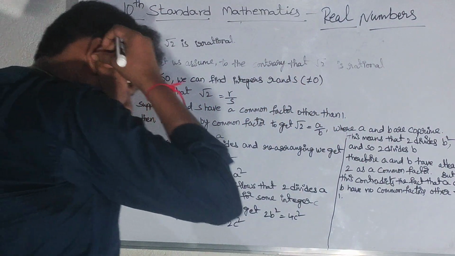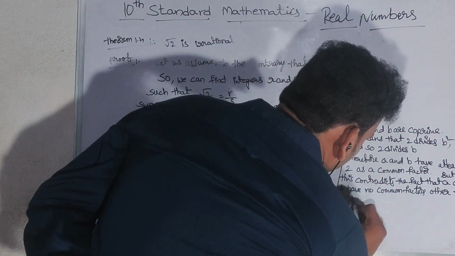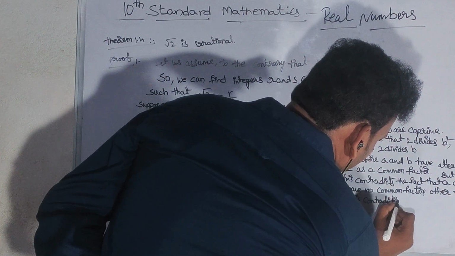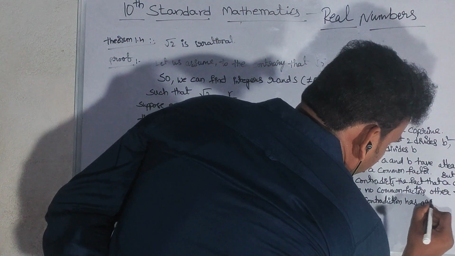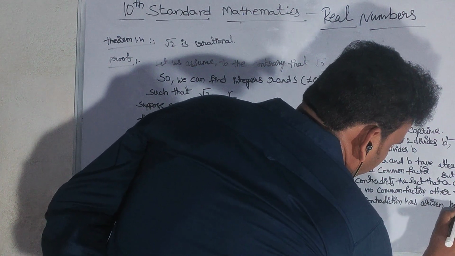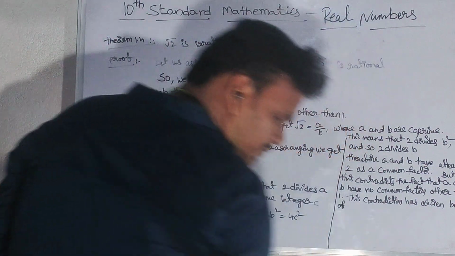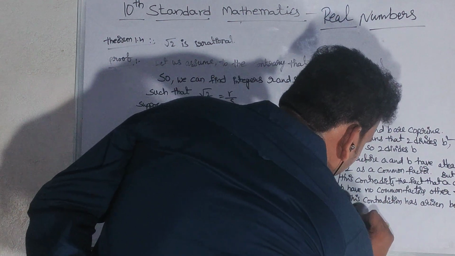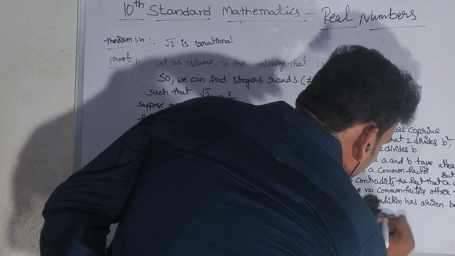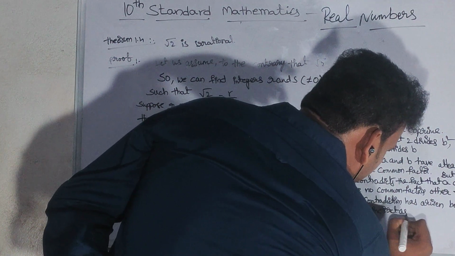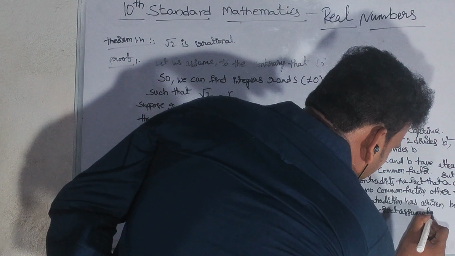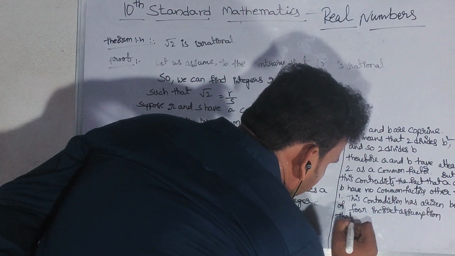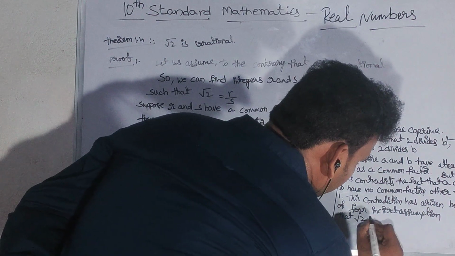This contradiction has arisen because of our incorrect assumption that square root 2 is rational.